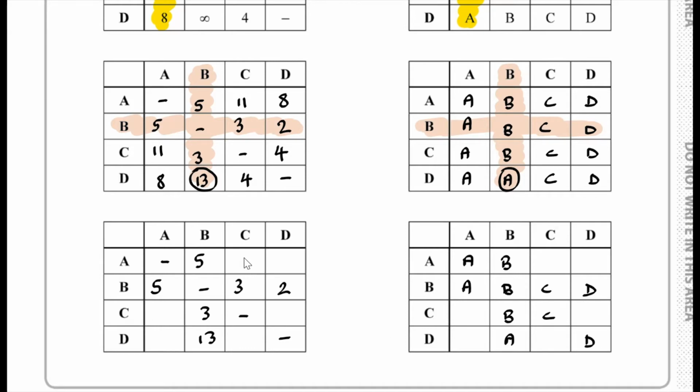So if we take a look at this element over here, this AC, we compare this 11 with 5 plus 3. 5 plus 3, you'd find that to be 8. 8 is less than 11, so we have 8 over here.